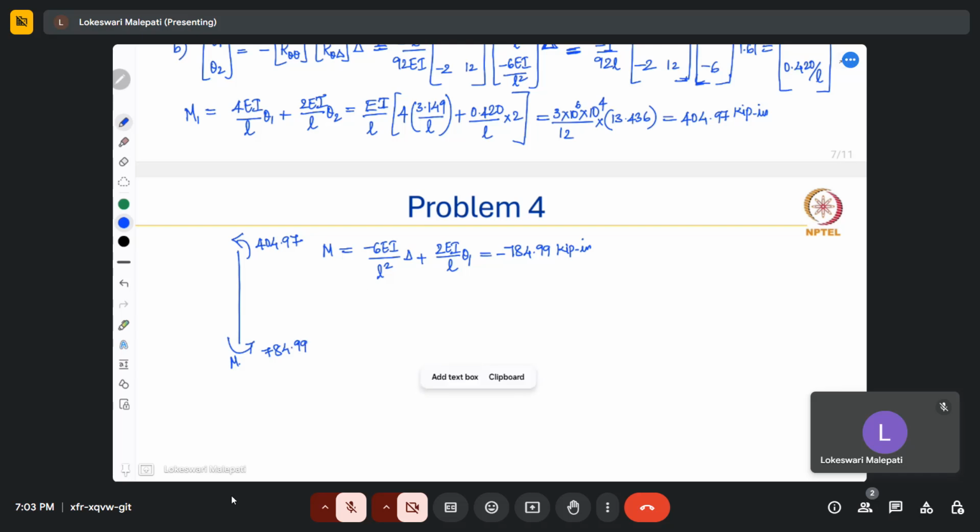So now the shear forces must balance this unbalanced moment. So V short would be equal to 404.97 plus 784.99 divided by 24 multiplied by 12 multiplied by 2.